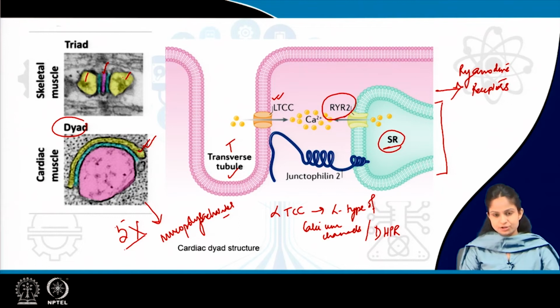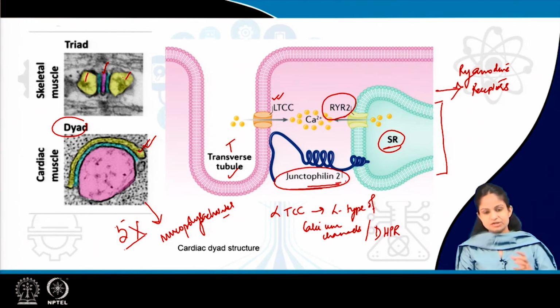And the connecting link between the T tubule and the cisternae of the sarcoplasmic reticulum is mainly the junctophilin 2 protein. This protein usually binds the transverse tubule and the cisternae of the sarcoplasmic reticulum.